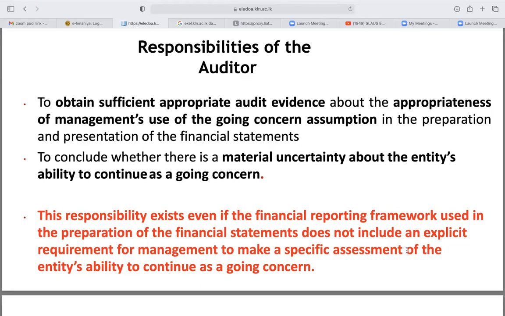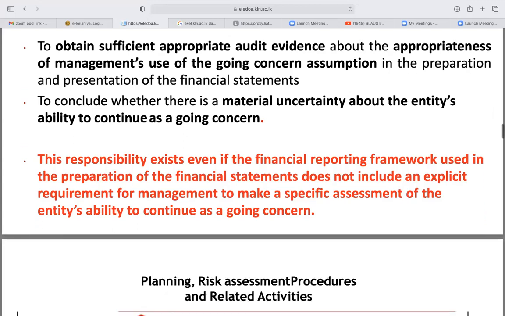If any uncertainty exists, what will happen to the audit report? We need to amend the audit report. We can either modify the audit report or issue an adverse opinion, right? Likewise, we can make amendments to the audit report. So that is the auditor's responsibility in this regard.